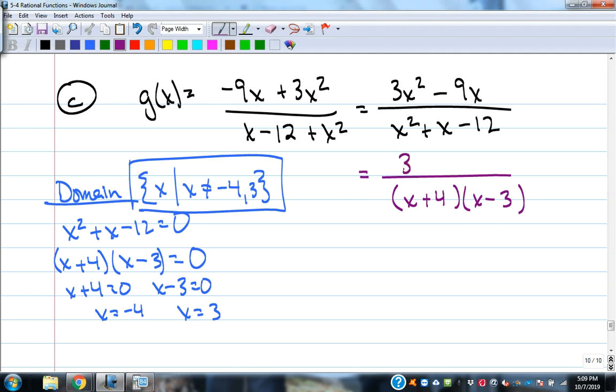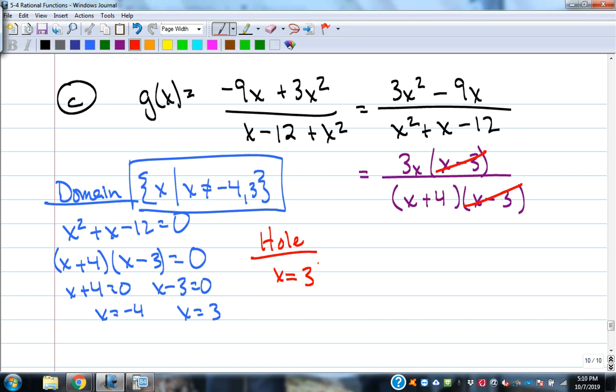Take a 3x out. What's it leave in the parentheses? X minus 3. Good. What cancels? X minus 3. So that means there's a hole where? At 3. At x equals 3.